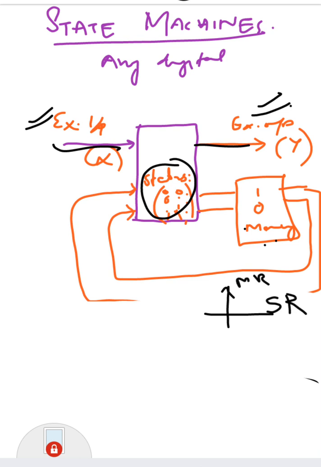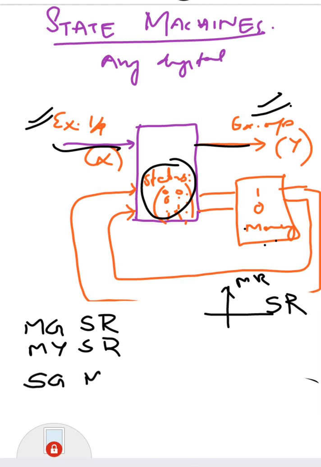The options are: main road green signal, at the same time side road must be red; main road yellow signal, side road red; then side road green, main road red; side road yellow, main road red. So these are the 4 combinations.